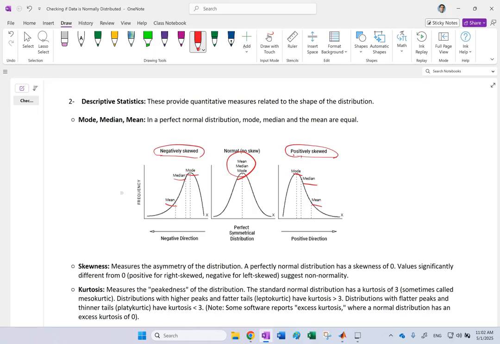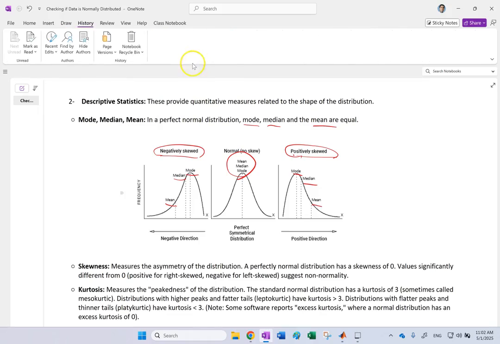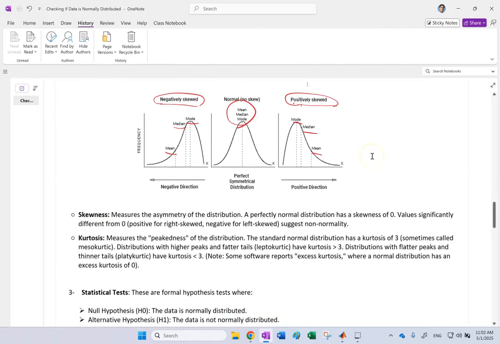So one thing you can do is just get the descriptive statistics for your data, calculate the mode, median, and the mean, and look whether these three are very close to each other or they are not close. Or, since we talked about skewed data, we can look at the measure called the third moment, skewness.